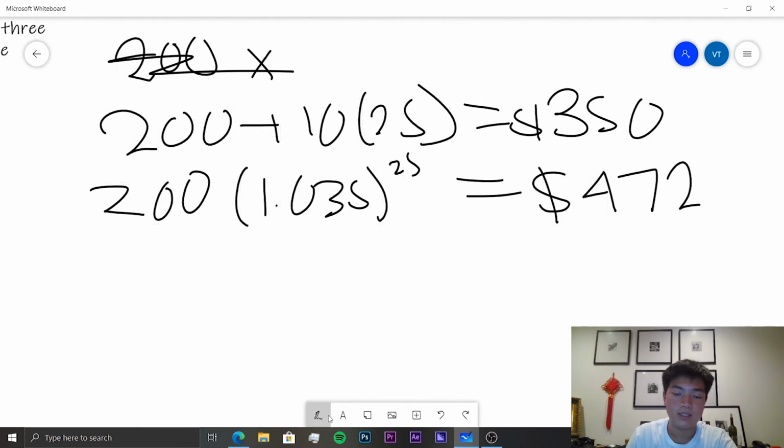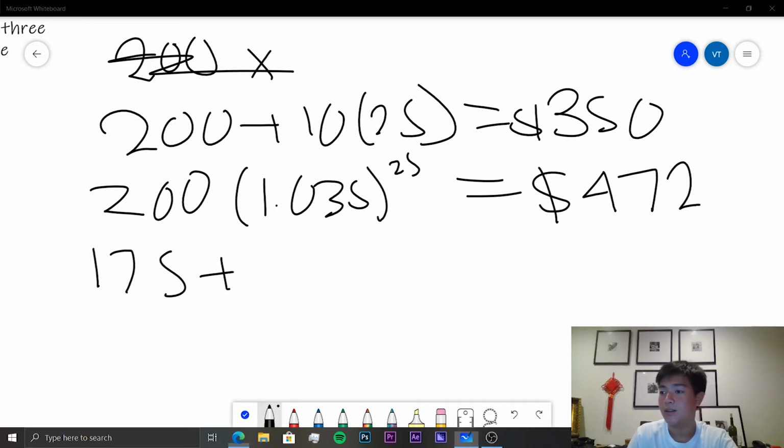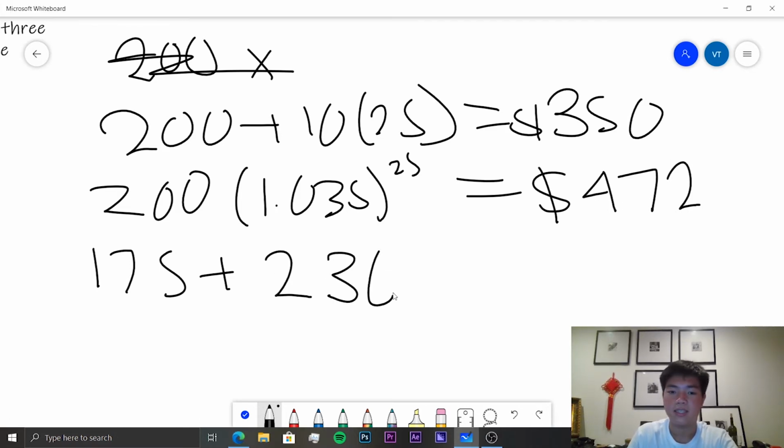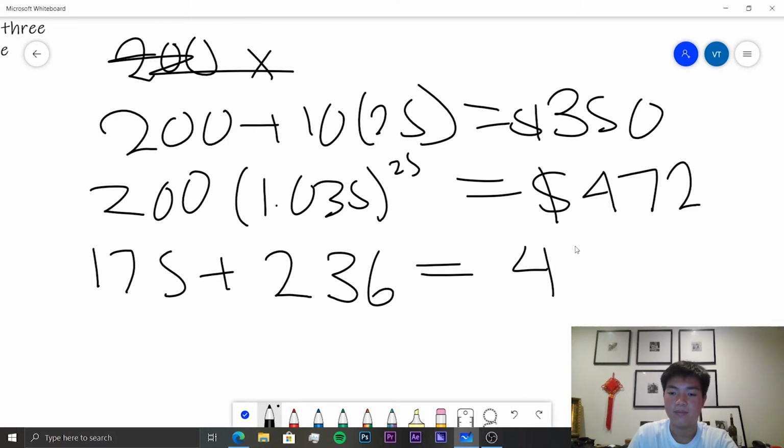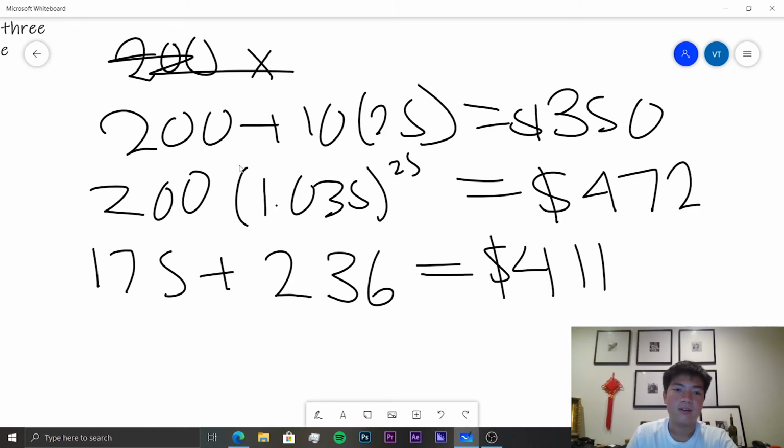And finally, Cindy has the average, which would be 175 plus 472 divided by 2, which is around $411. So we can see that in the long run, compound interest is better.